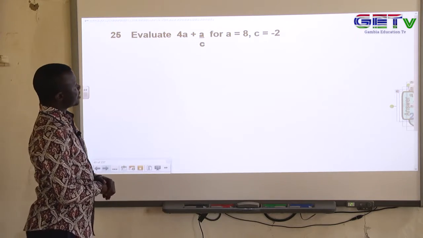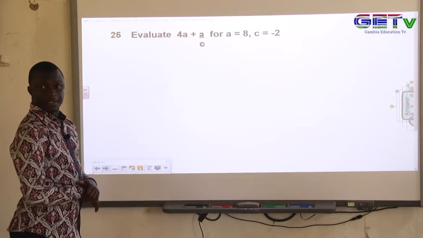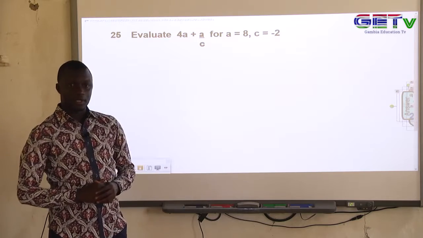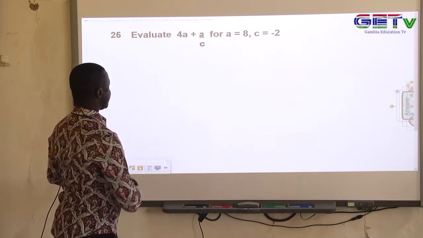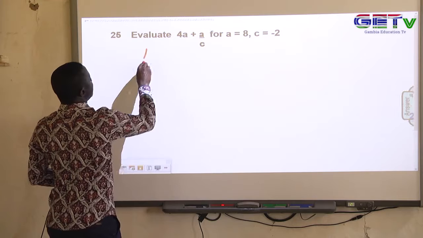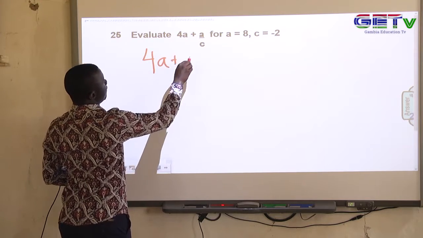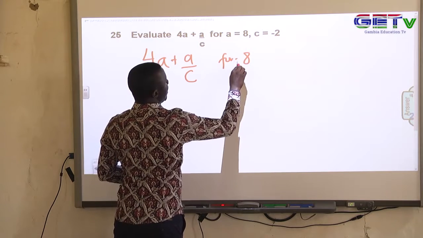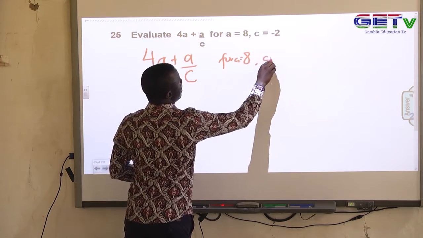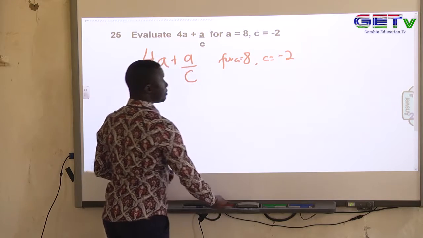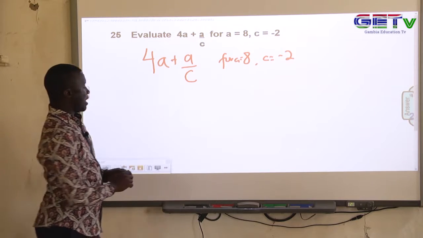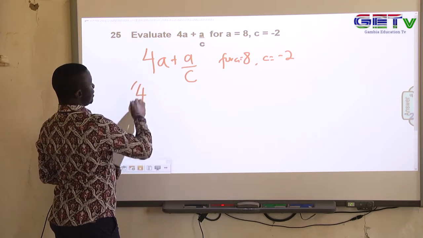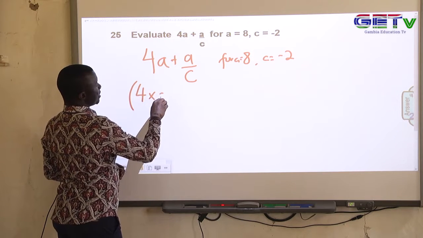For 4a plus a over c, for a equals 8 and c equals negative 2. Our question here is 4a plus a over c, for a equals 8 and c equals negative 2. Let us substitute our values here first. 4a is the same as 4 times a.